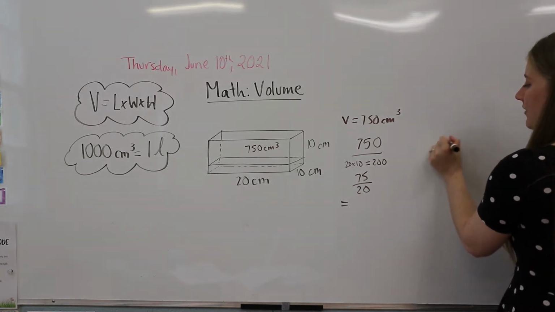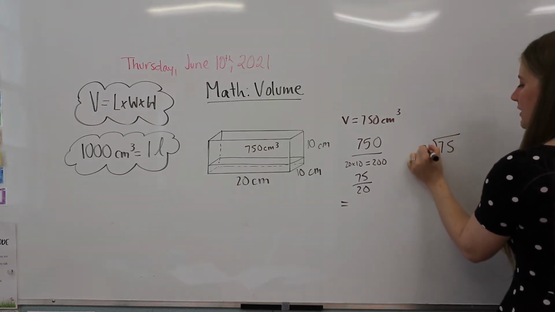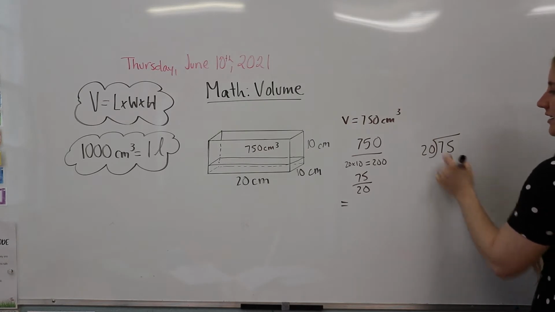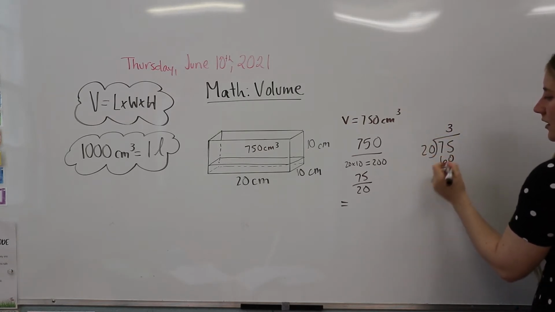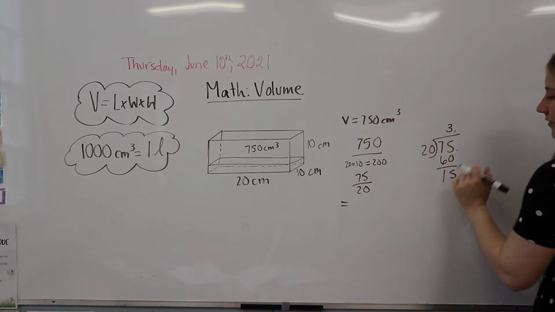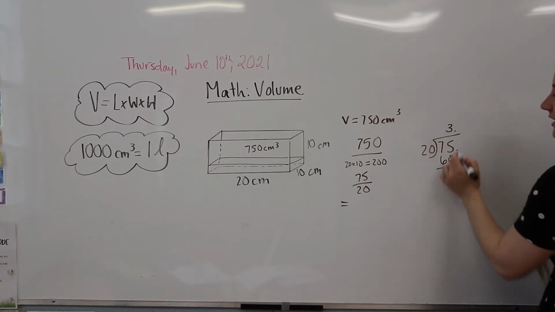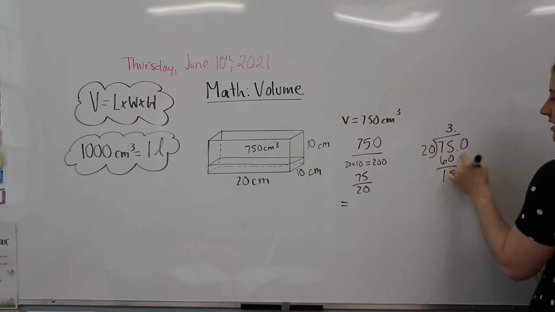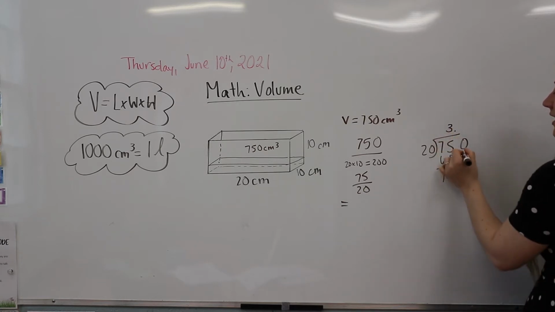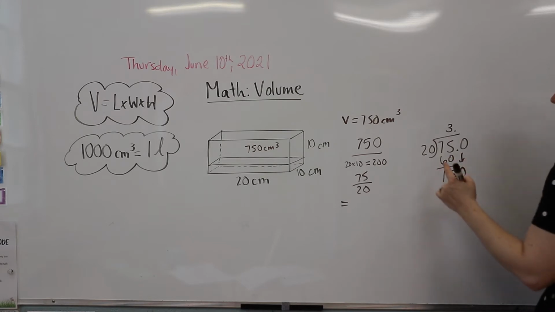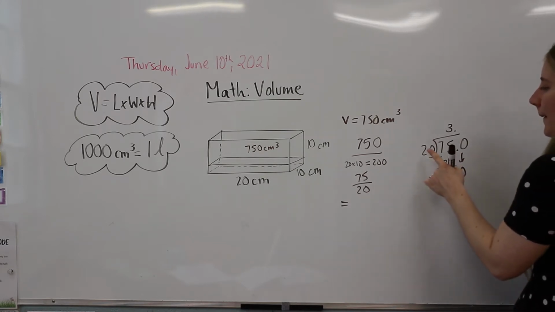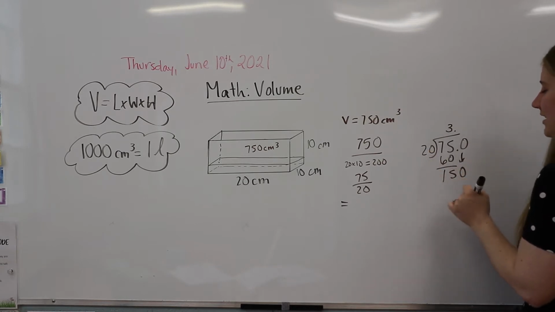So we have 75 divided by 20, and 20 fits into 75 3 times evenly, okay, because that is 60. Okay, 15 left over, and this is where we do our decimals now. So we're going to give ourselves a 0, and we're going to mark the decimal spot and bring it down. Okay, because obviously 15 doesn't fit into 20, or 20 doesn't fit into 15, sorry.